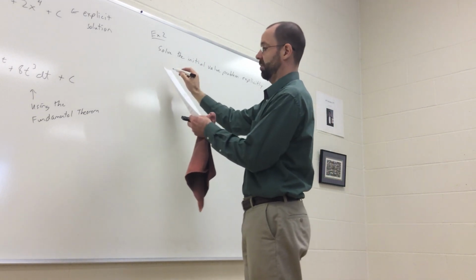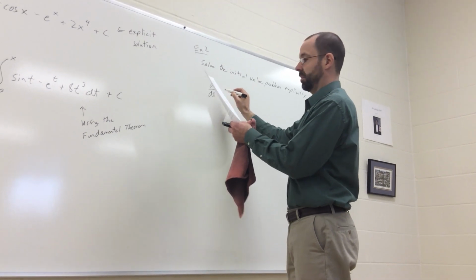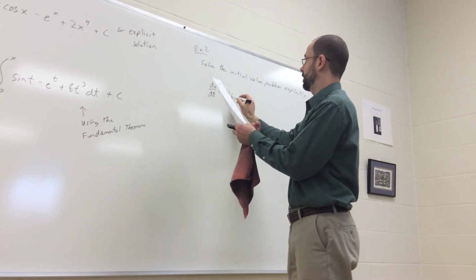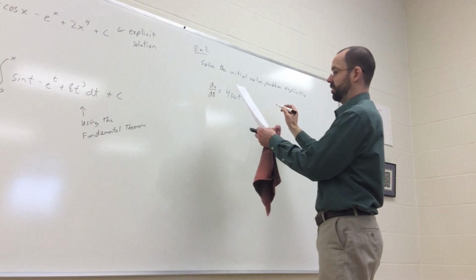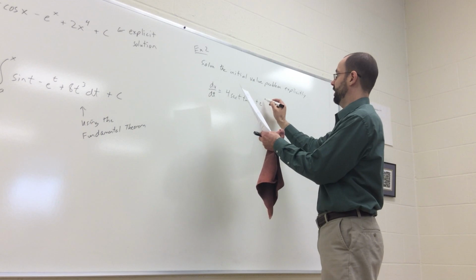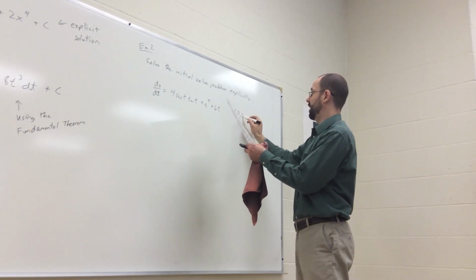And the initial value problem is dv/dt equals 4 secant t tangent t plus e to the t plus 6t, and then the point (0, 5).